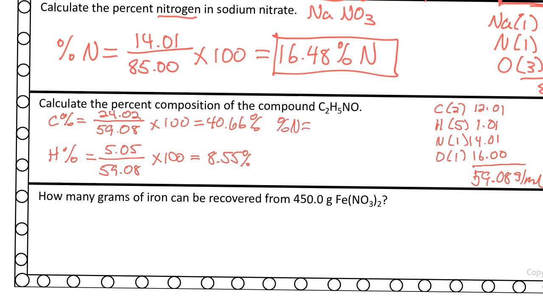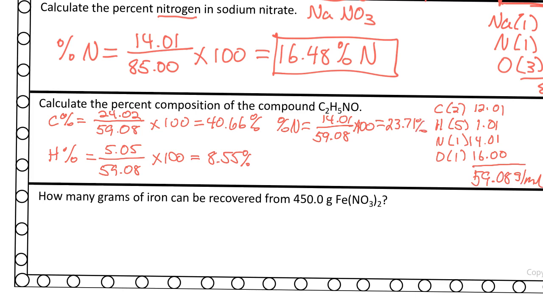Total amount of nitrogen, we only had 1, so that's 14.01, divided by my total, my molar mass, 59.08 times 100, and that will give me for nitrogen 23.71%.